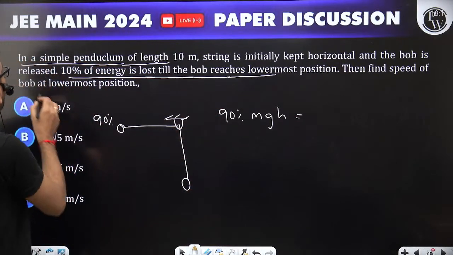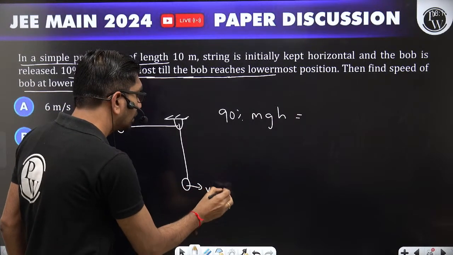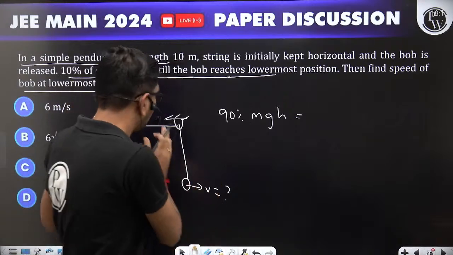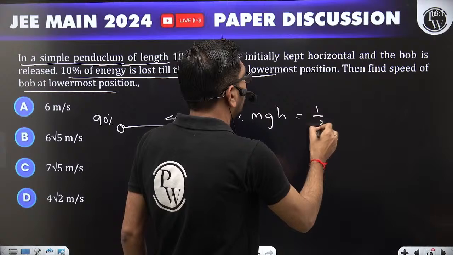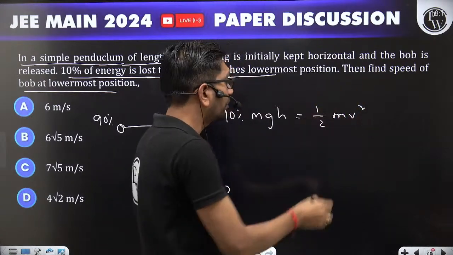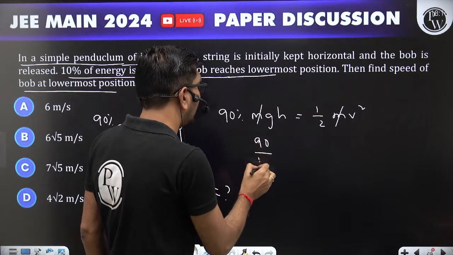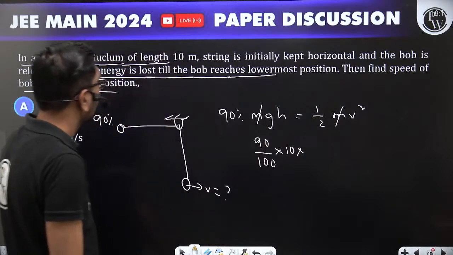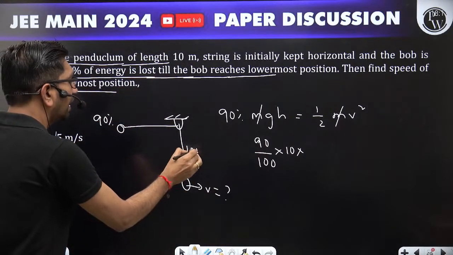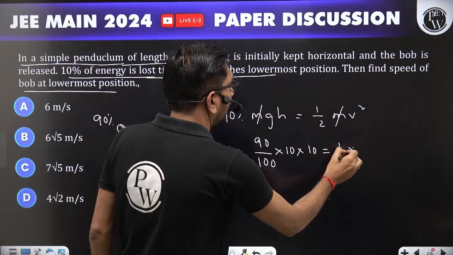Then find the speed of the bob at the lowermost position. 90% of the potential energy has been converted into kinetic energy. The kinetic energy formula is half mv square, and m gets cancelled. So we write 90 by 100 times g, where g is 10, times the length of the string, 10 meters, equal to 1 by 2 v square.